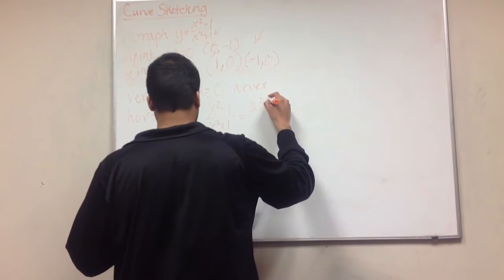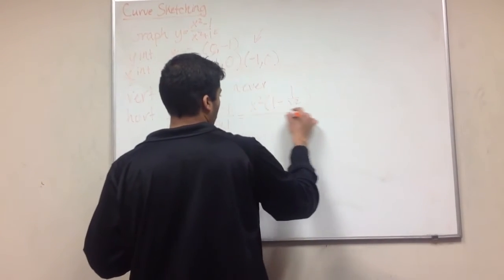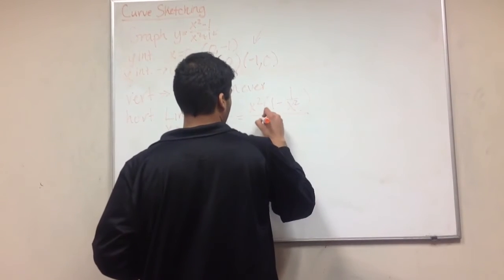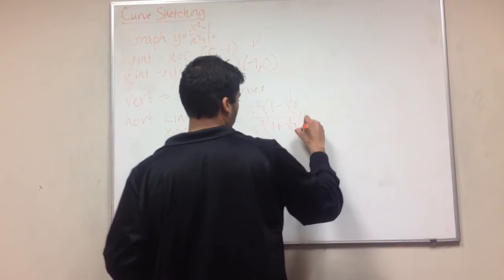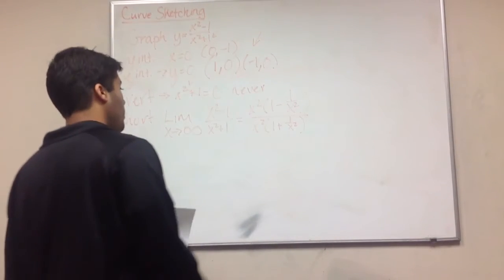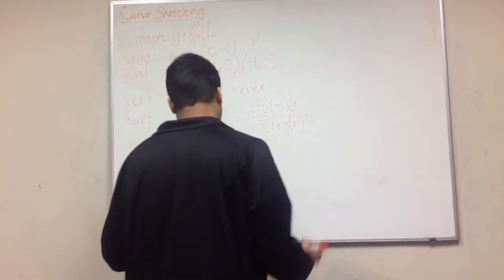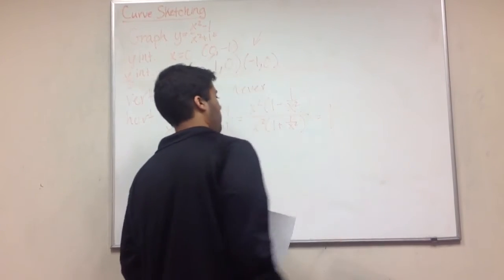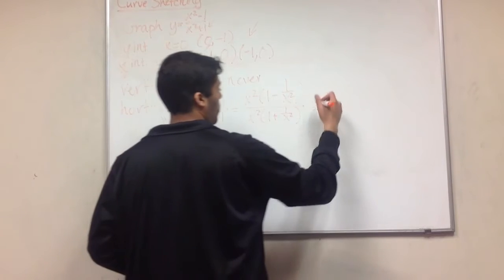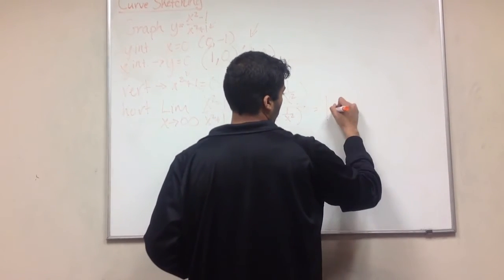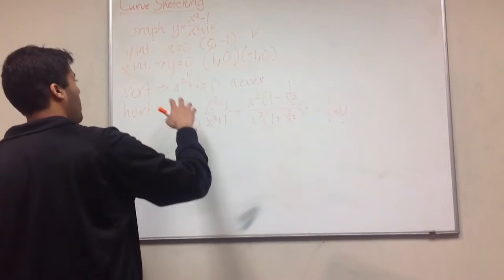We factor out x squared, giving 1 minus 1 over x squared, over 1 plus 1 over x squared. You can see that it's basically the same thing, so this will eventually cancel and just be 1. So for the horizontal asymptote, we have y equals 1. Now we have that part done.